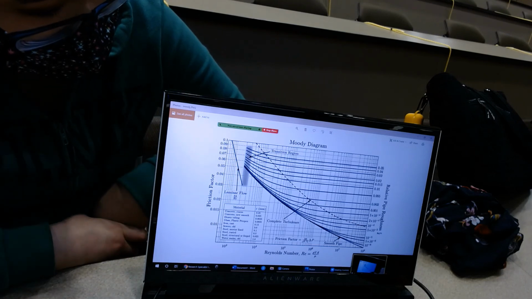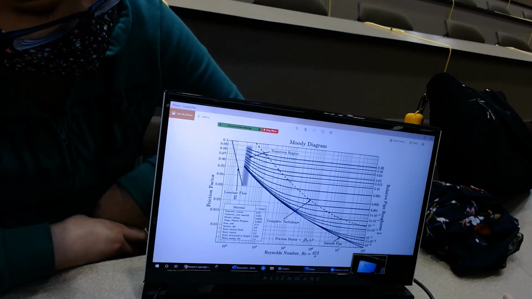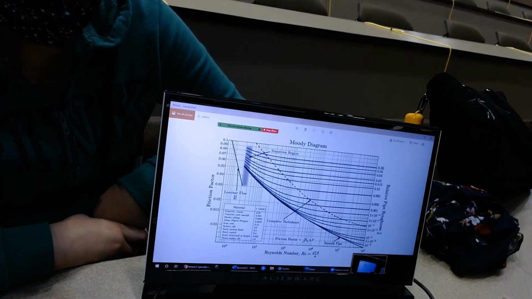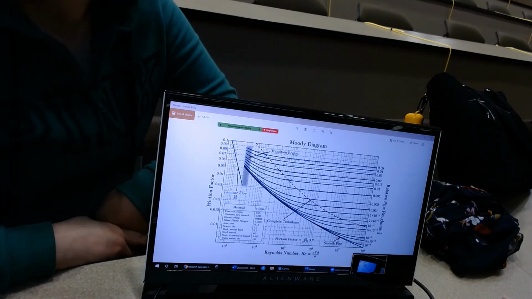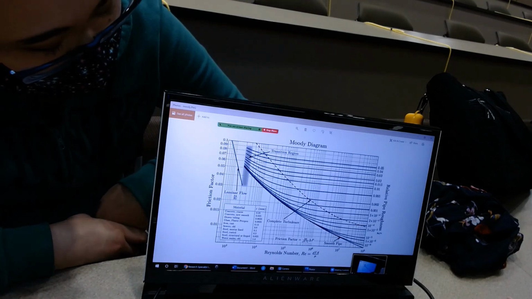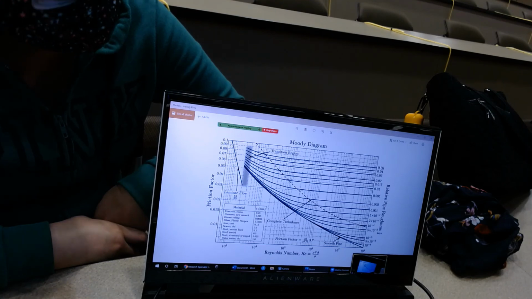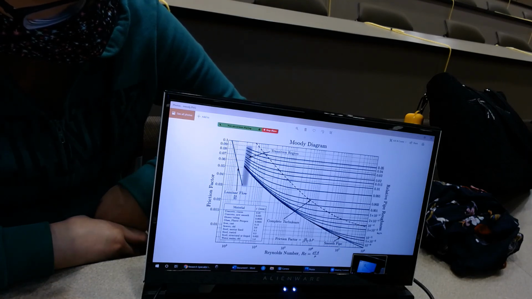We started with 0.025 by assuming we were in the fully rough region, which is to the right of the dashed line. They call it complete turbulence on this diagram. In that region, the friction factor is constant regardless of the Reynolds number. So you can just take whatever relative roughness you have and read over.